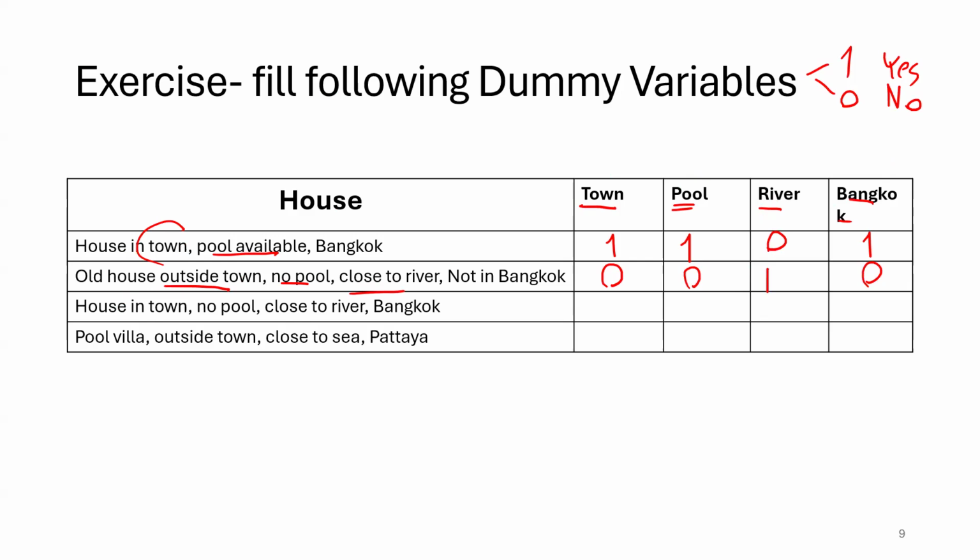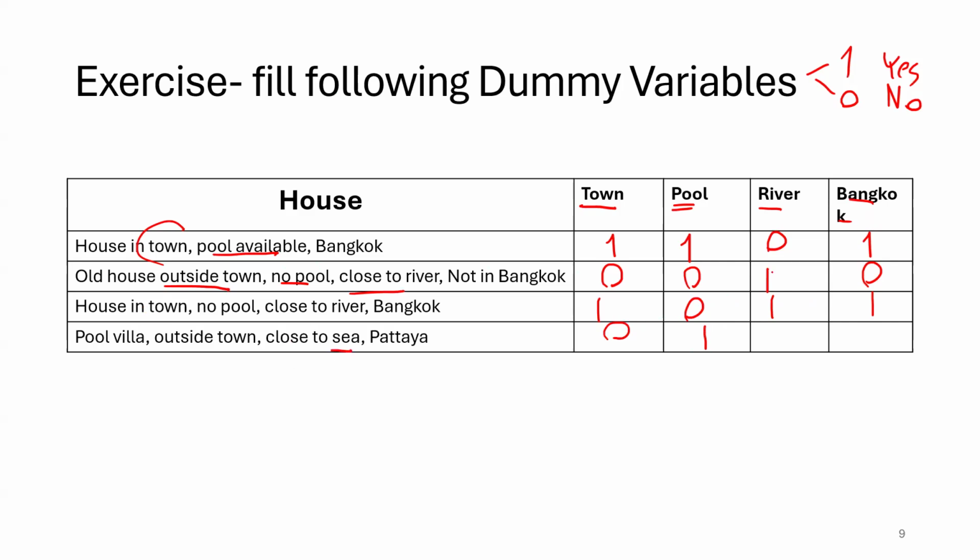Next house in town, one. No pool. Close to river. And it's in Bangkok. Next is a pool villa, so pool is one. Outside town. Close to sea. No, sea.